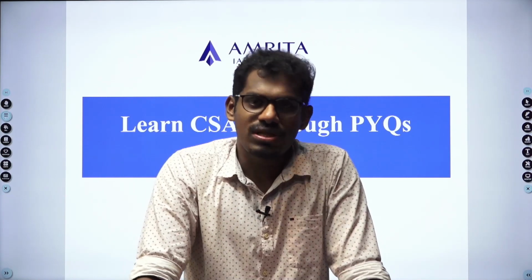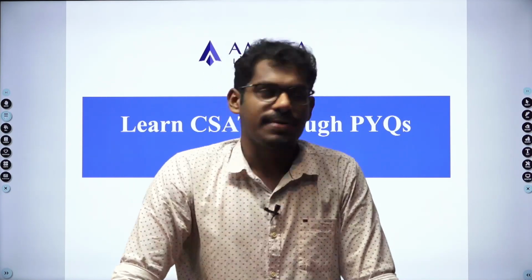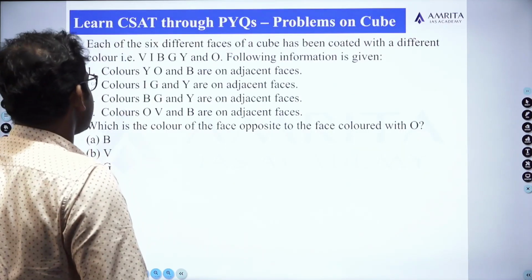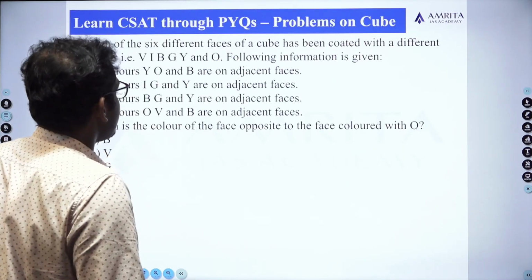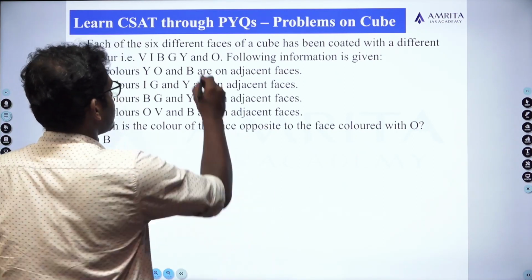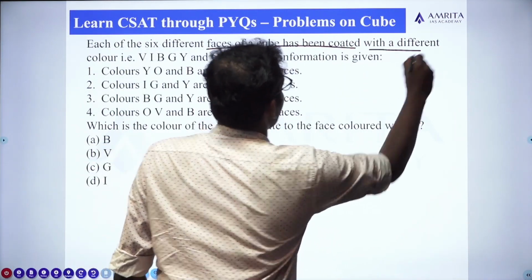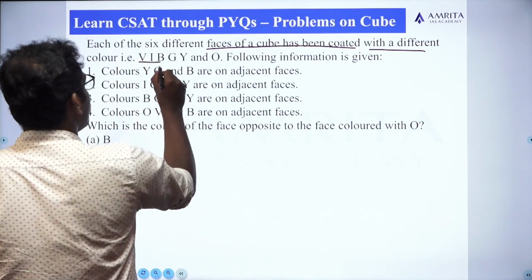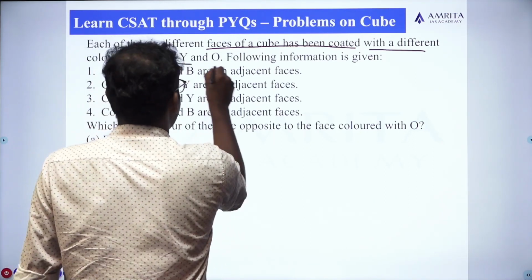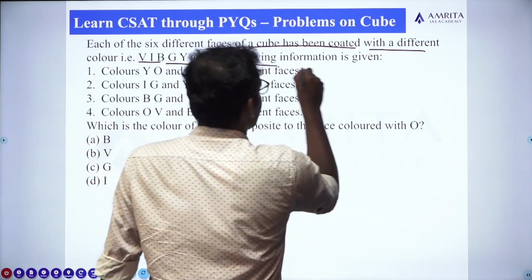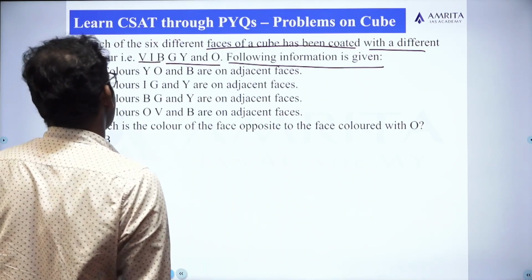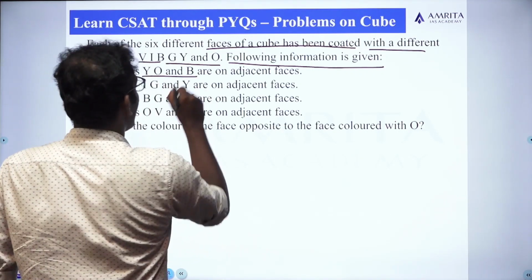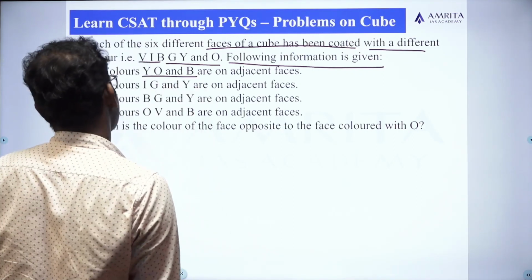We are going to solve the questions from the year 2014. So let's look at the first question. The question reads, each of the 6 different faces of a cube has been coated with a different color, that is violet, indigo, blue, green, yellow and orange. The following information is given. The first statement is colors Y, O and B are on adjacent faces.